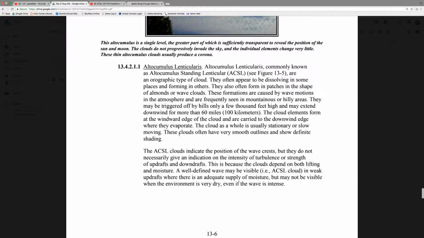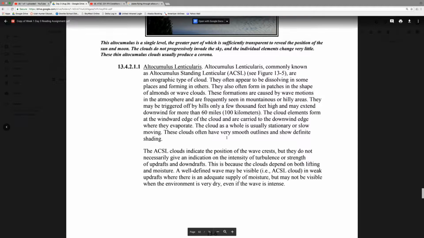These clouds often appear over mountains or hills, and they are a lens shape. You remember how I was talking about the mountain and the winds coming up really fast and then dropping really fast? That's how these are formed.